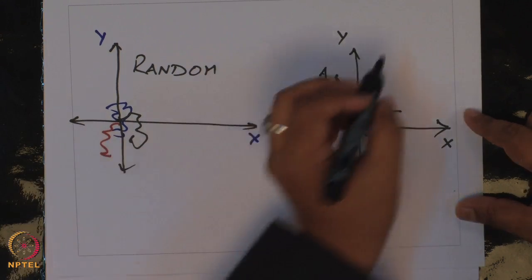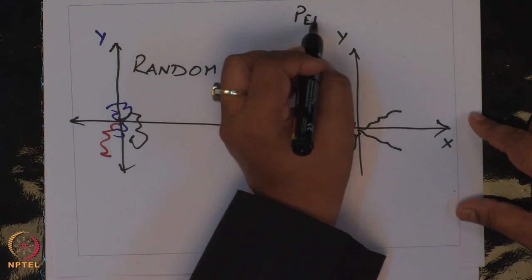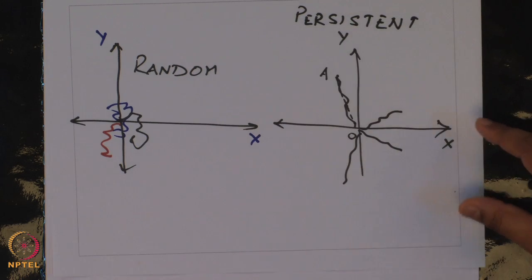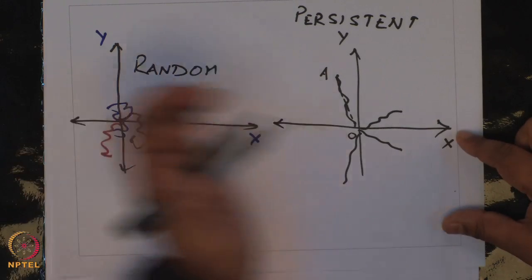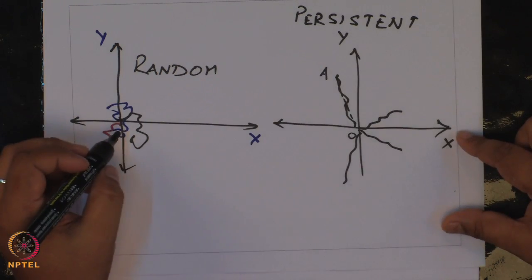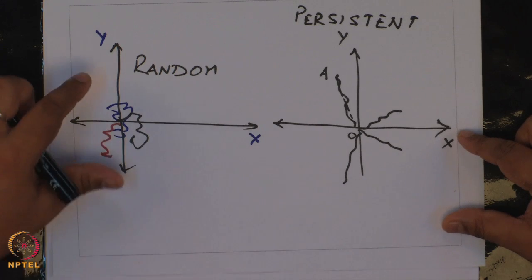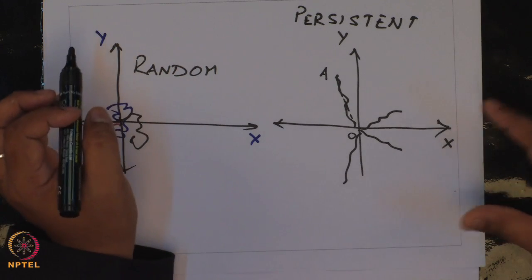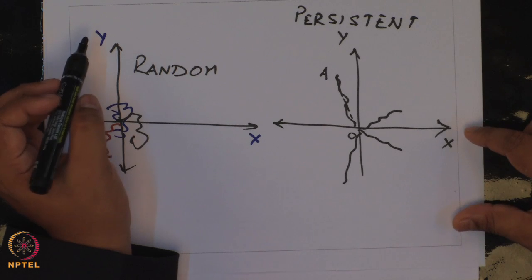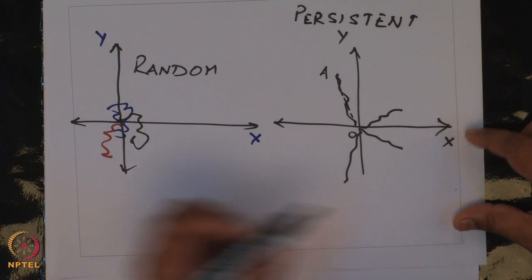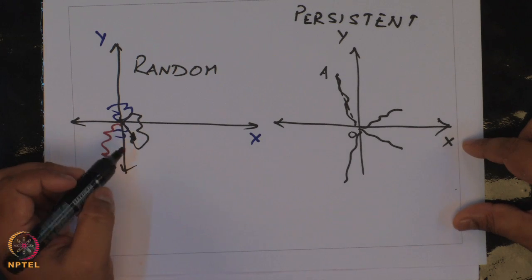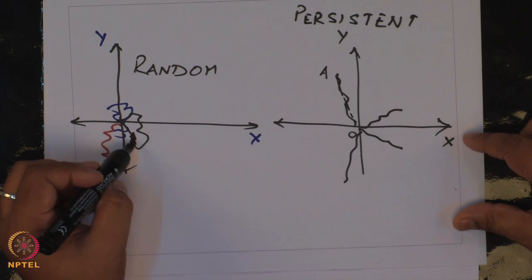And this is persistent. Let us imagine that both these are representative trajectories of cells taken for the same duration. In other words, let us say that we have tracked the migration of these cells for 12 hours and we got these profiles. One way is to track the net distance that these cells travel over that duration.